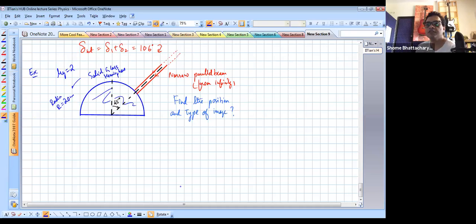So start by solving what's happening in the first refraction here. The first refraction is happening at a spherical surface going from, yes, very good. Ganesh, you have got the concept of the question correct and the answer also.